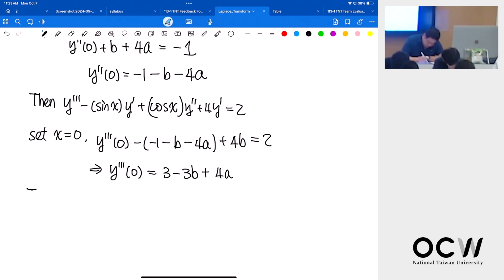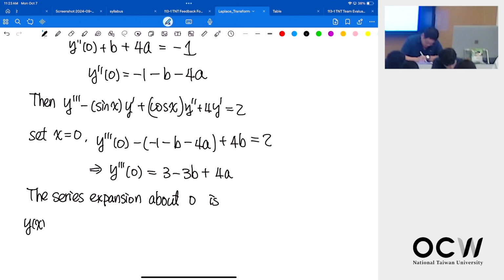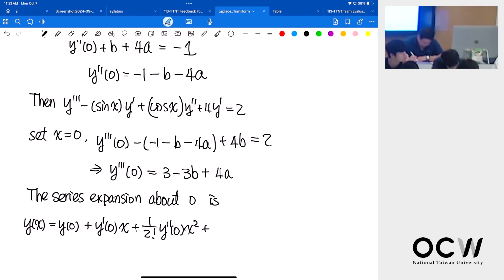Then the series solution expansion about 0 will be y of 0 plus y prime of 0 x, and then 1/2 factorial y double prime of 0 x squared, 1/3 factorial y triple prime of 0 times x cubed.